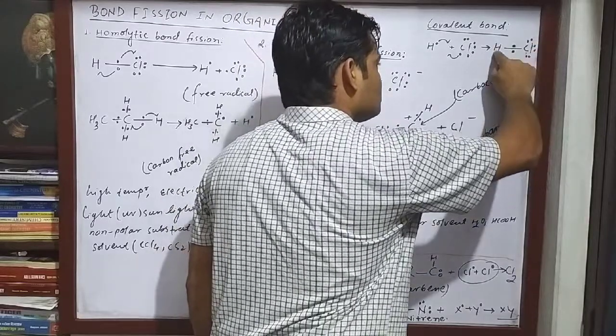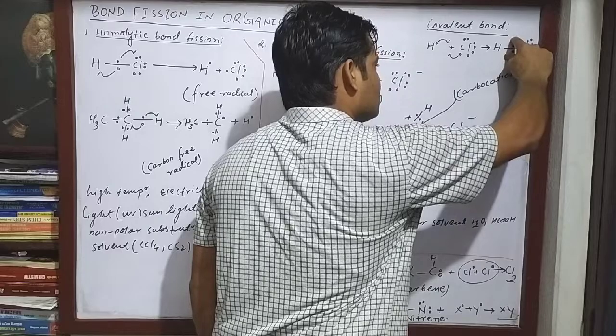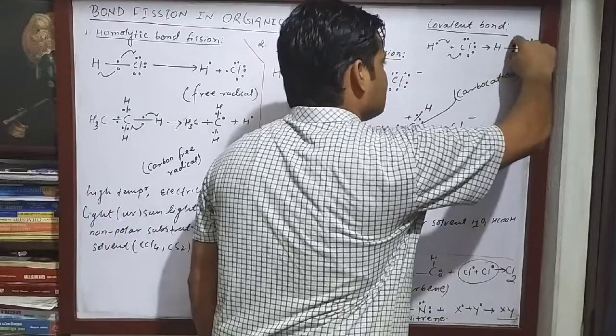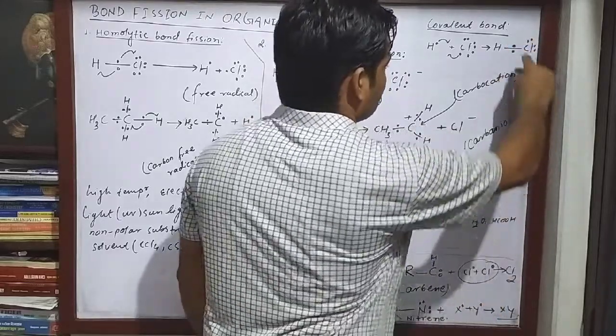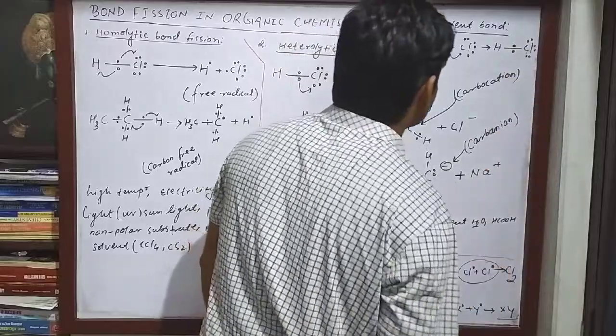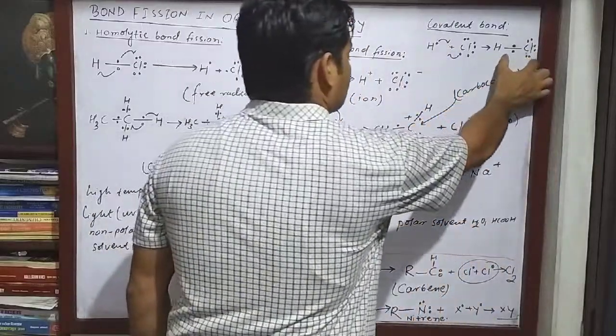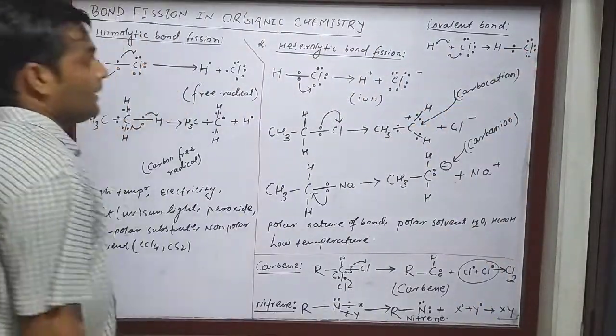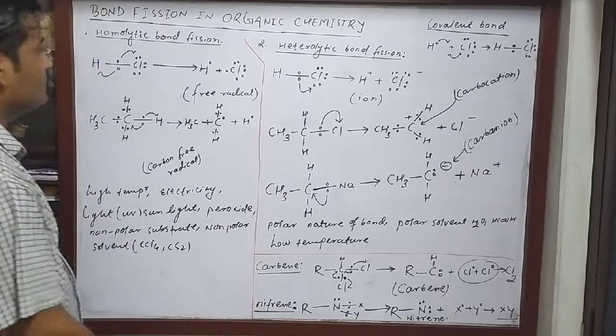When two atoms share 1 pair of electrons, this is called a covalent bond, or a single covalent bond. In all organic compounds there is a covalent bond.